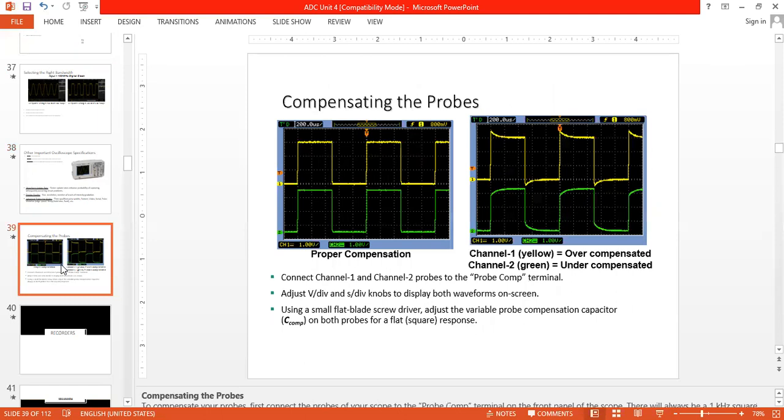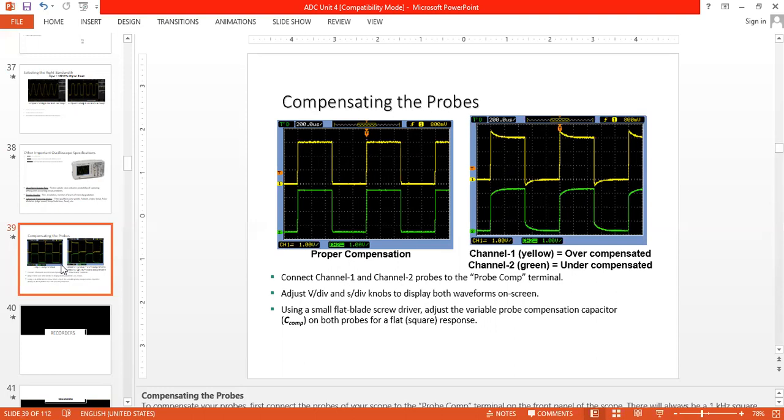Compensating the probes, so proper compensation: connect channel 1 and channel 2 probes to the probe comp terminal. Adjust V per division and S per division to display 4 waveforms on the screen. Using a small flat-blade screwdriver, adjust the variable probe compensation capacitor on both probes for a flat response.